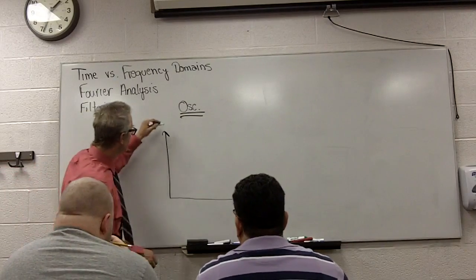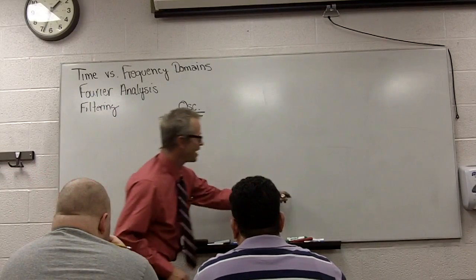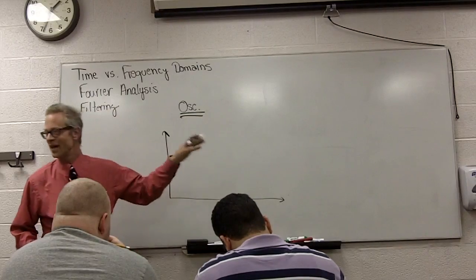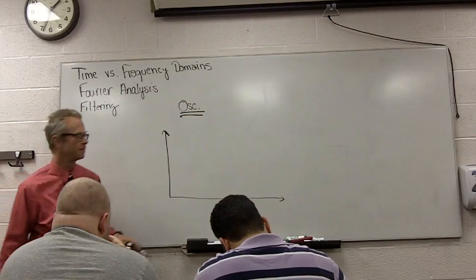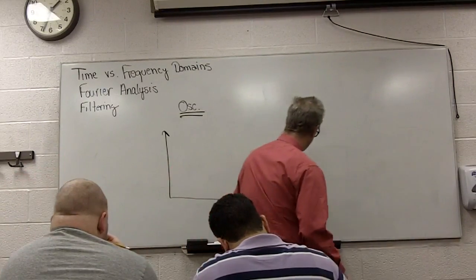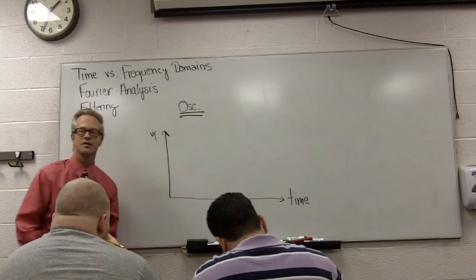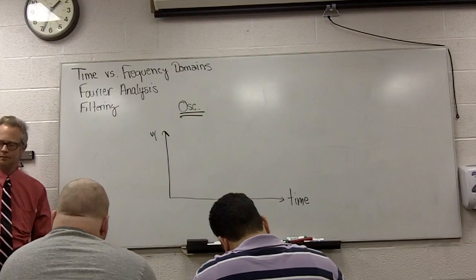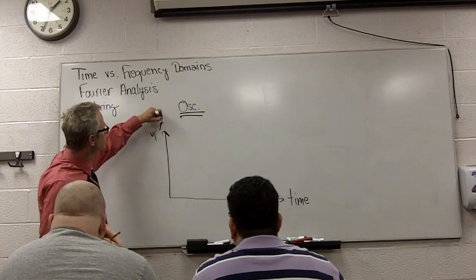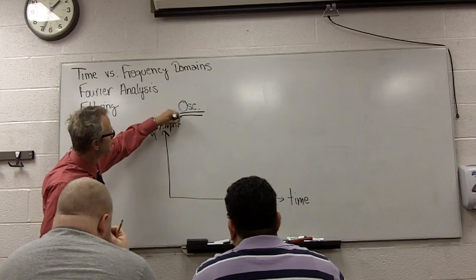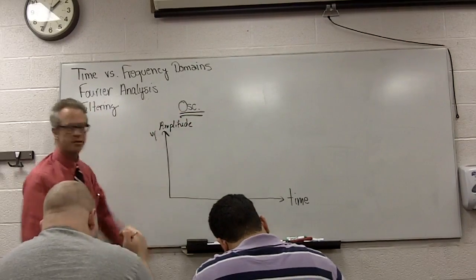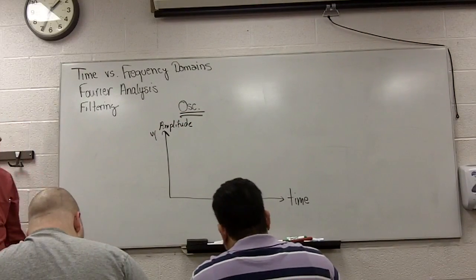On an oscilloscope, in the x direction, what is on the x-axis? Time. And what is on the y-axis? Volts, or amplitude, which is just another word for volts, right?